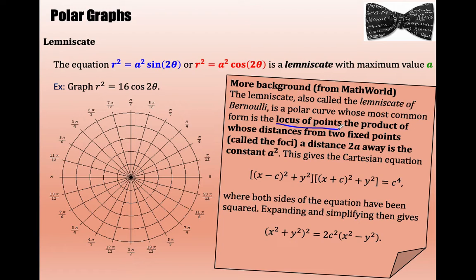Well, a lemniscate is a locus of points where the product of the distances from two fixed points, distance 2a apart, is a constant a squared. Kind of cool, right? This is its Cartesian or rectangular equation. You don't have to know any of that. It's just a little side note.